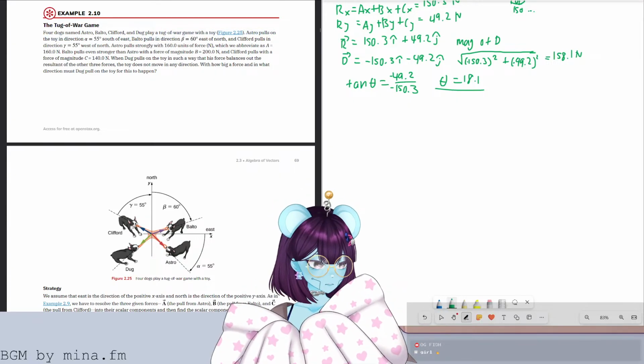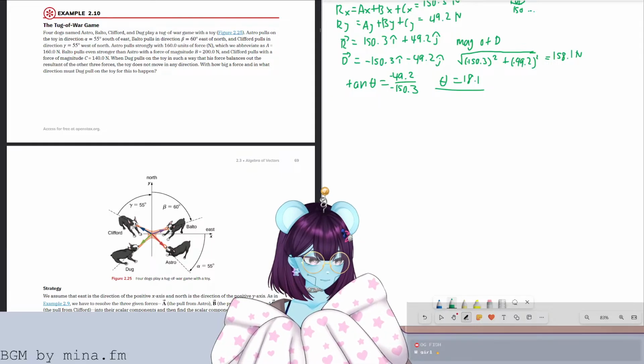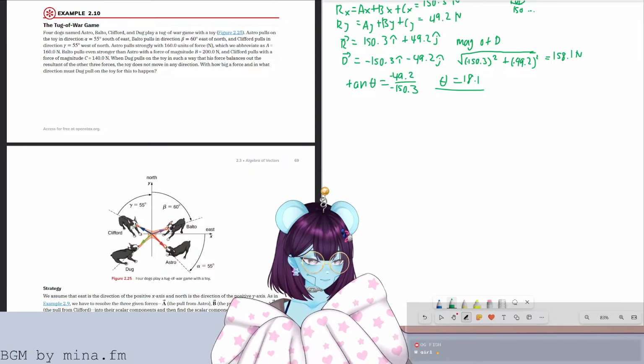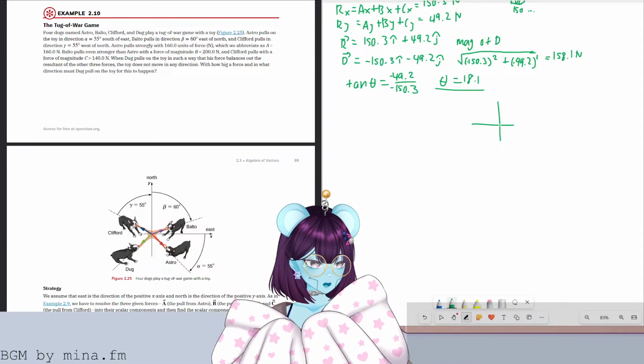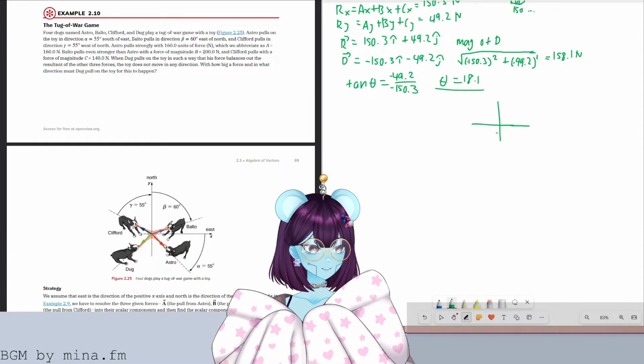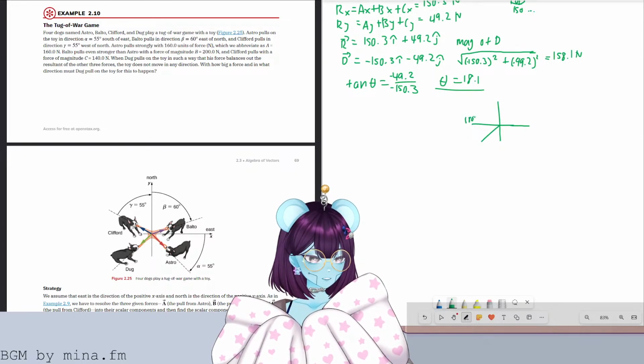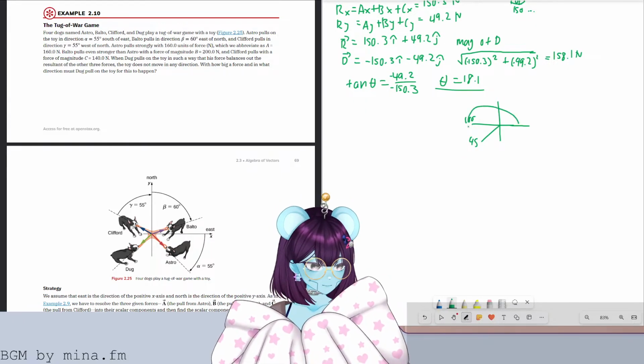But with clockwise and counterclockwise, actually I find it a little bit easier, because they'd probably just give you something and say it is at the angle here, which would be 180 plus 45, right? So you just add those two. But either way, it works.